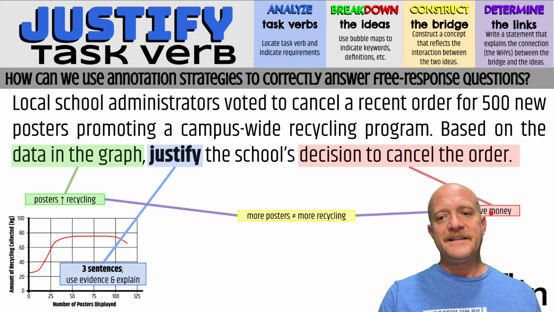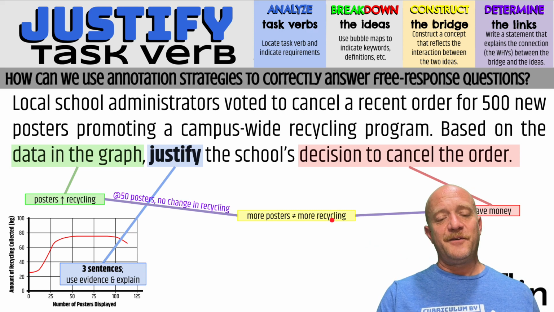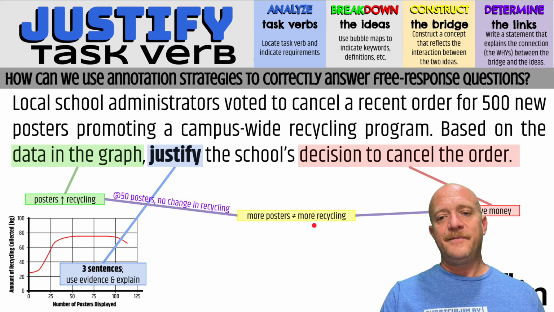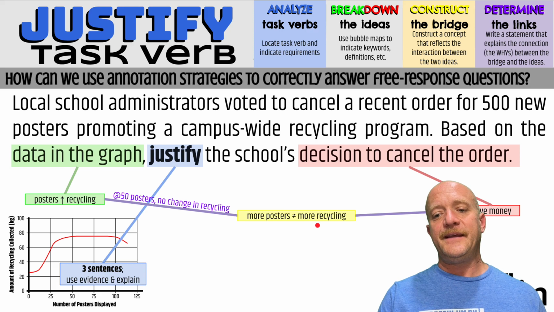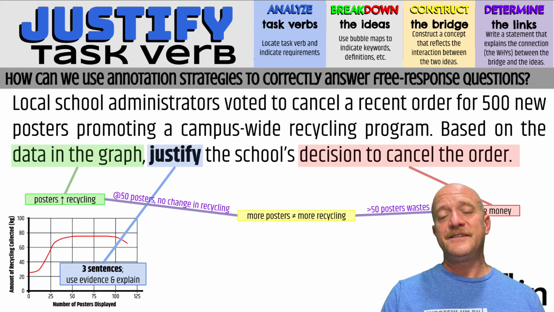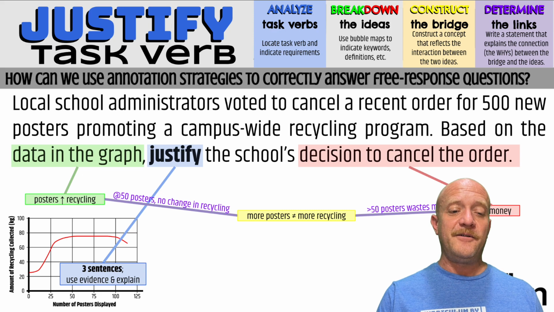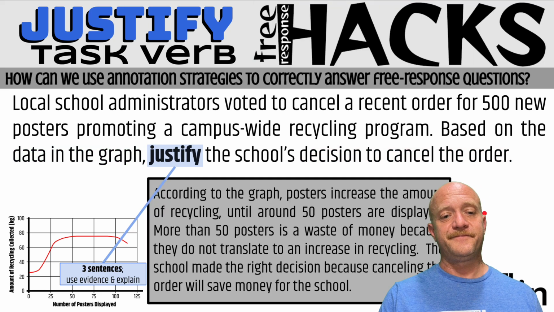So let's determine one link. At 50 posters, there was really no change. Now how is this, the bridge, going to explain saving money? Anything more than 50 posters is a waste of money. So now let's answer the question.